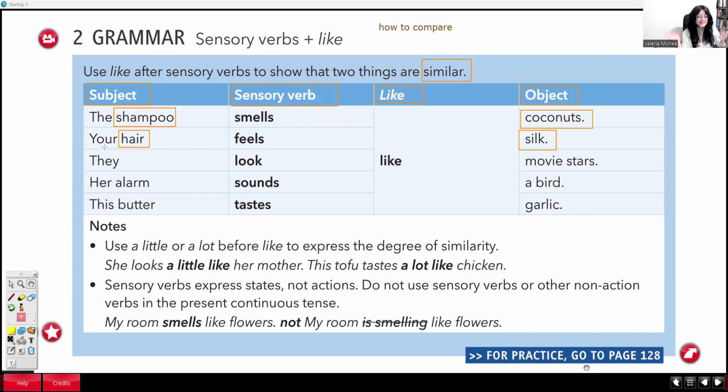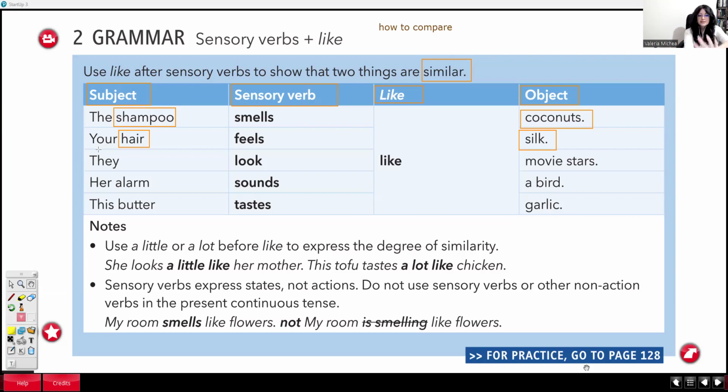If there's no hair, then there's no comparison. Okay. So your hair feels like silk. Again, we are comparing two things that are on the same level. And yes, we are comparing something related to the touch, right? Not just smell or anything else. So they have to be on the same level.